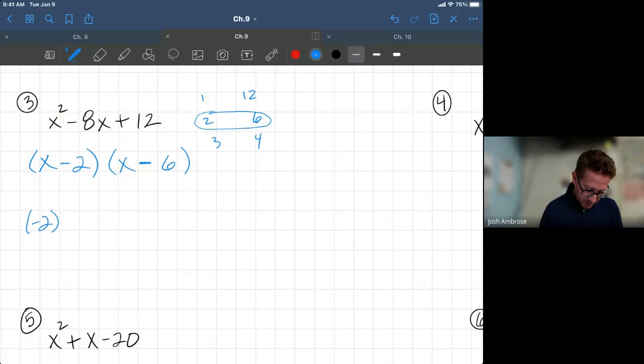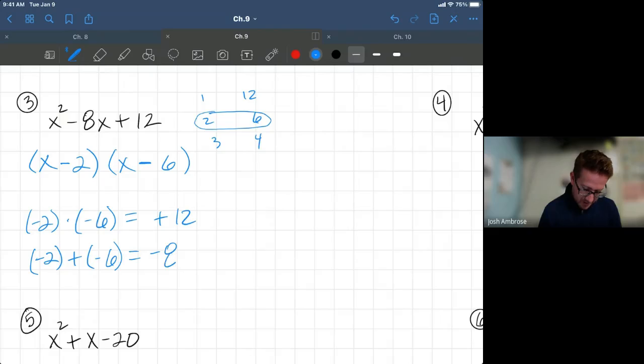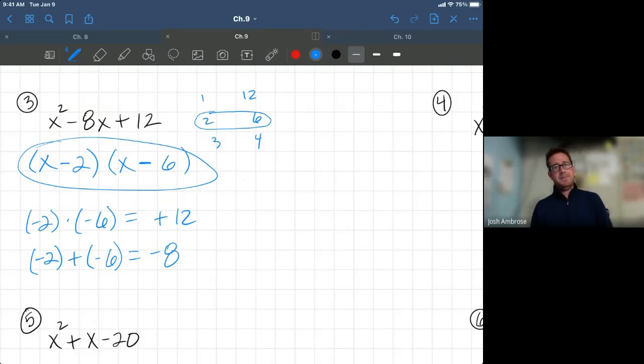Negative 2 times negative 6 equals a positive 12. Negative 2 plus a negative 6 equals a negative 8. It all checks out. Positive 12, negative 8. So this is my solution right here.